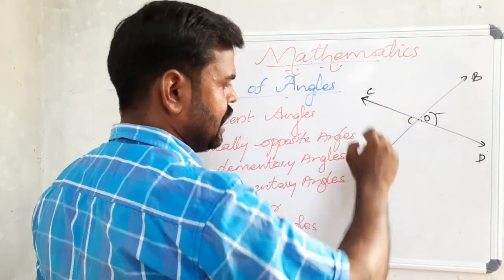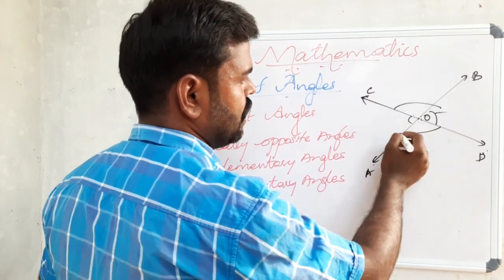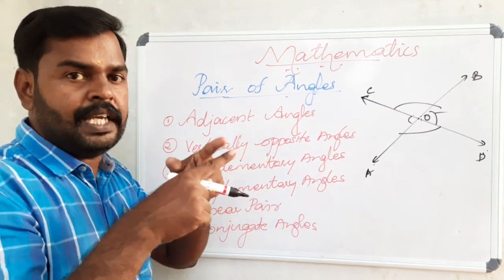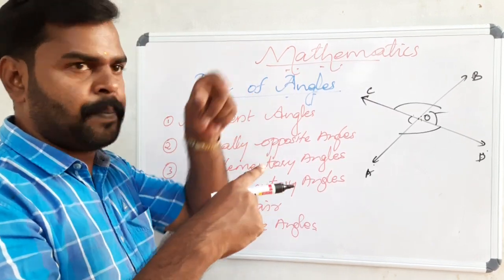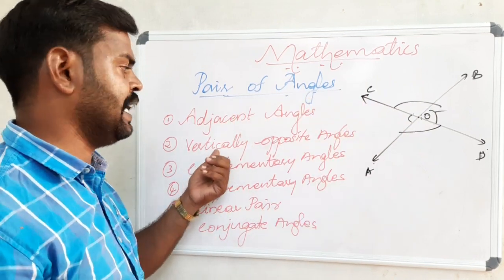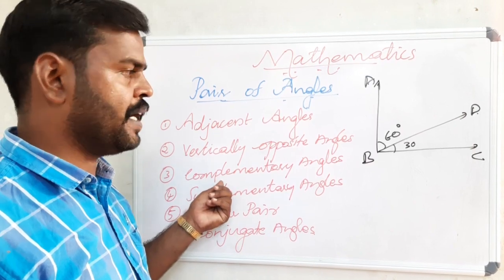BOC and the down one, AOD, is another pair of vertically opposite angles. Scissors are an example of vertically opposite angles, with the up part and down part, or the side parts.